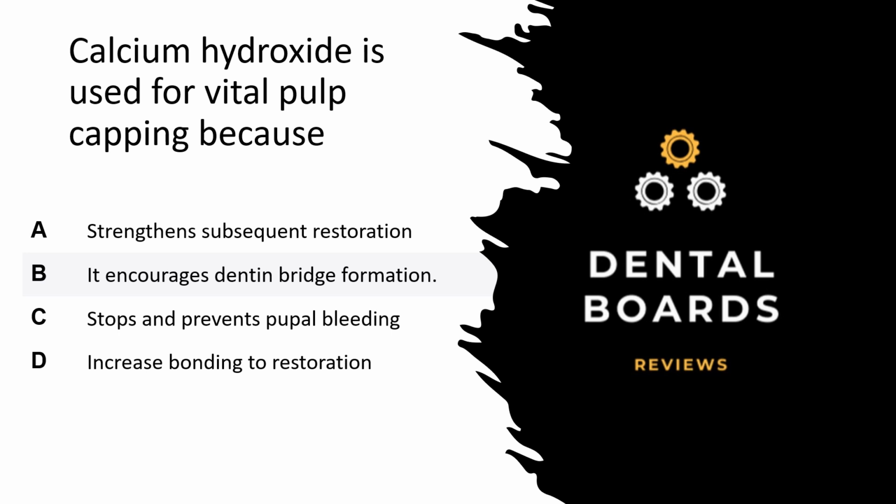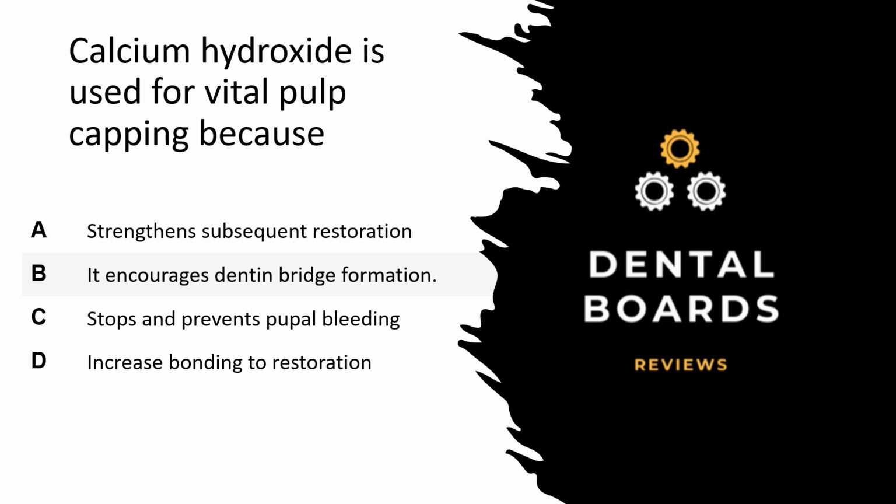All right. Let's talk about calcium hydroxide. Calcium hydroxide is useful for pulp capping because of what? Why is calcium hydroxide used? A, it strengthens the subsequent restoration. B, it encourages dentin bridge formation. C, it stops and prevents pulpal bleeding.